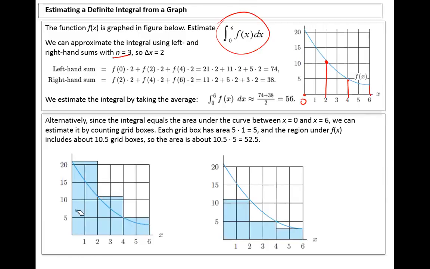Can you tell me, is this the left or the right hand side endpoints? Did we use the right or the left hand side on this picture? It's the left, right? Because we can see the left gave me the height. And of course, on this one is the right endpoints.